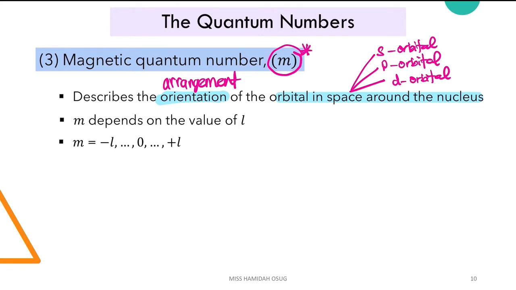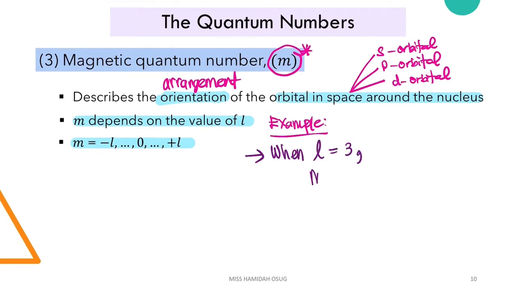Because the value of m depends on the value of l, in which m equals negative l, 0, and also positive l. For example, when l equals 3, the value of m should be negative 3, negative 2, negative 1, 0, plus 1, plus 2, and plus 3.